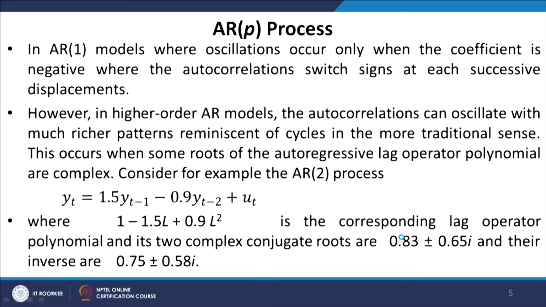In AR(1) models, oscillations occur only when the coefficient is negative, where the autocorrelations switch sign at each successive displacement. We have already discussed AR(1) processes, and if you remember, if we have a positive coefficient of the AR(1) term, then we have monotonically decreasing autocorrelations.